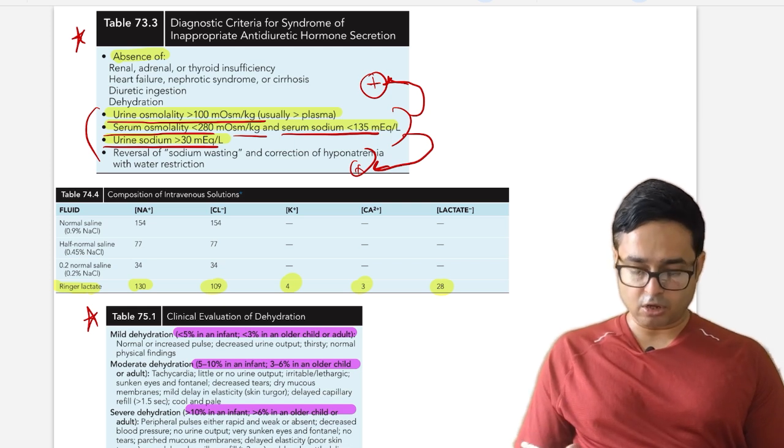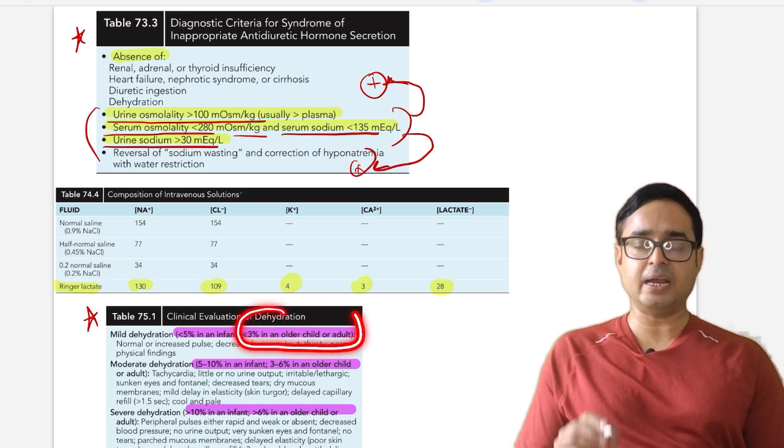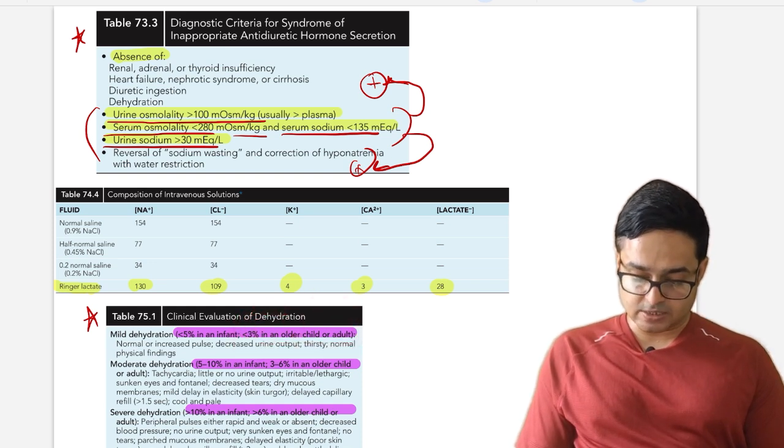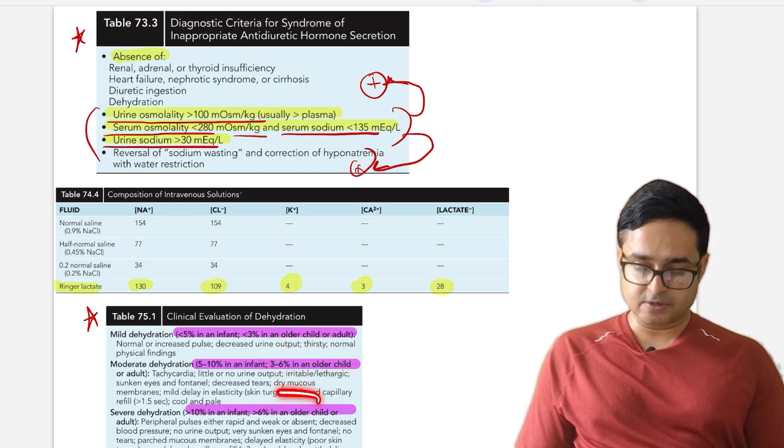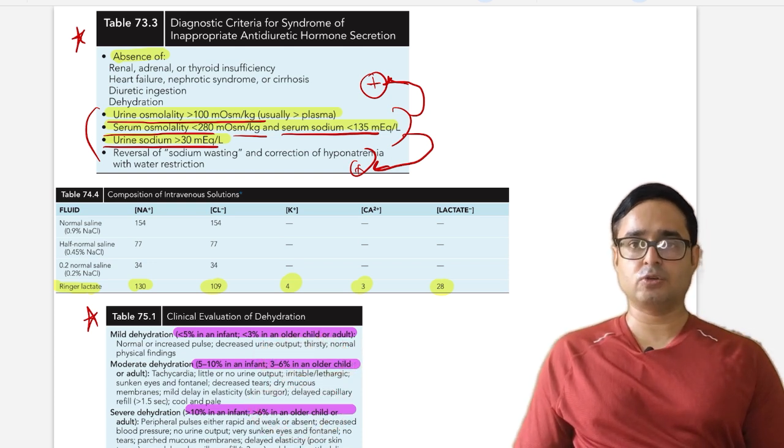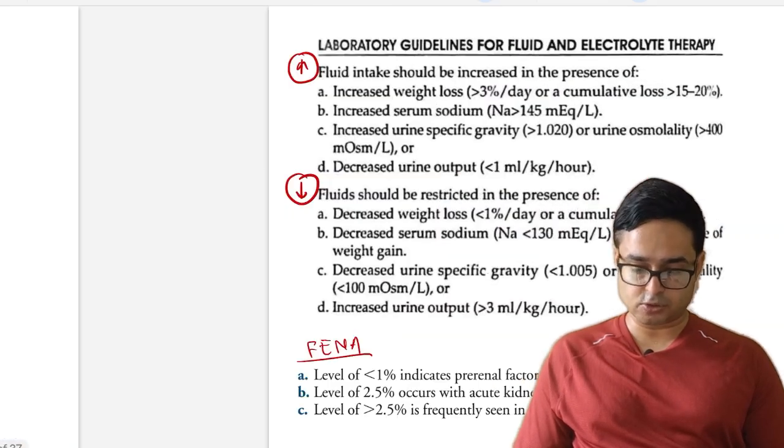But for child or adult, less than 3%, not 5%, is mild dehydration, 3 to 6% is moderate dehydration, and more than 6% is severe dehydration. So you have to remember this subtopic also.